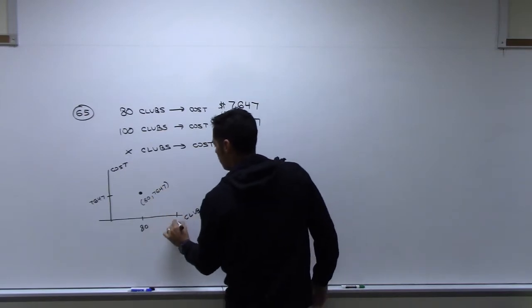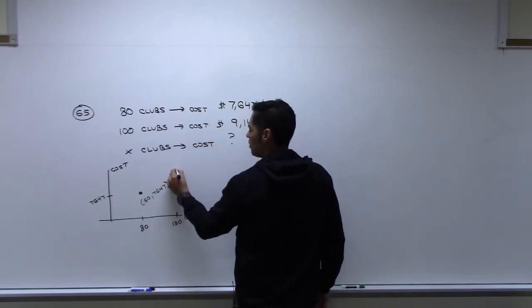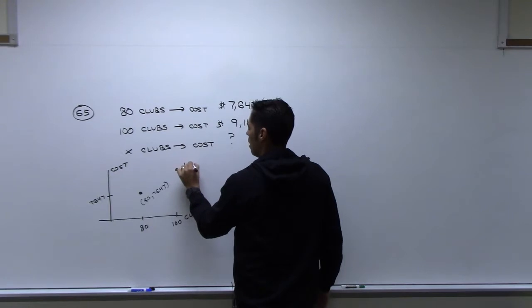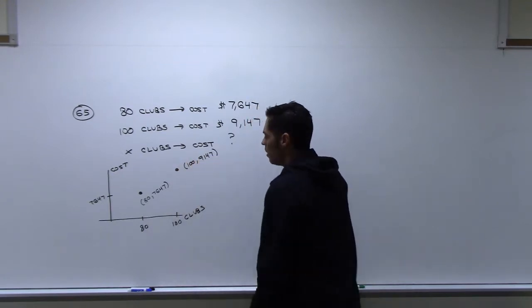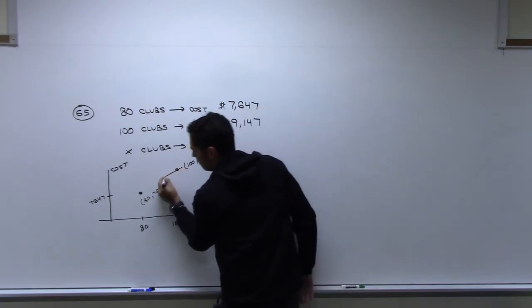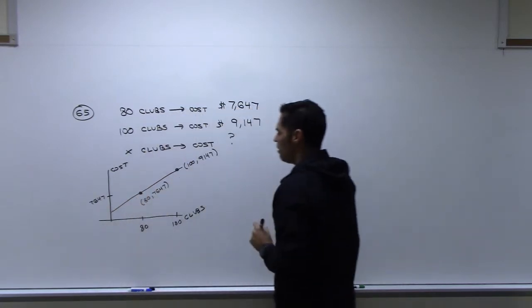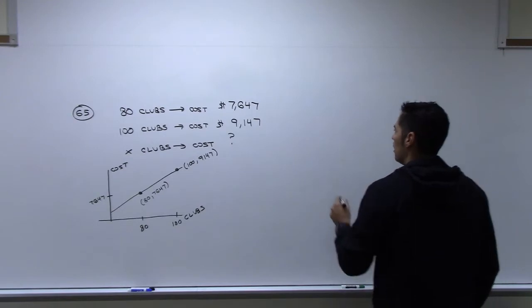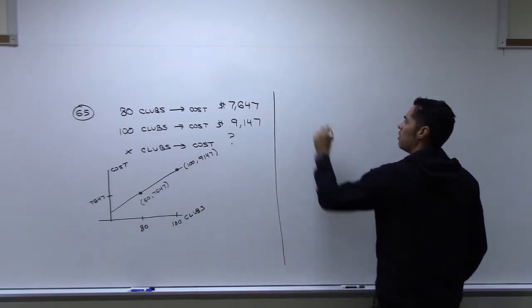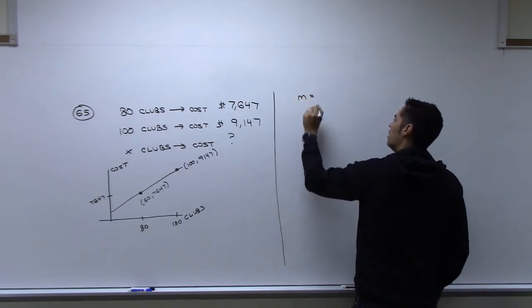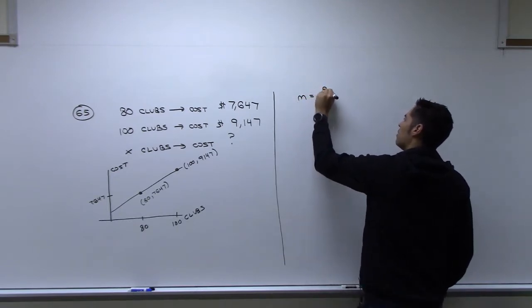And then if we produce 100 clubs, our cost goes up. At 100, we have 9,147. So what we're going to do is come up with the function that draws that line. To do that, we're going to use two formulas. First, we're going to get the slope of the line. And the slope of the line is rise over run.